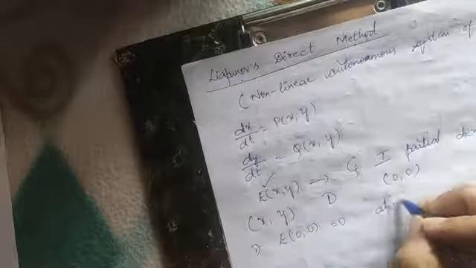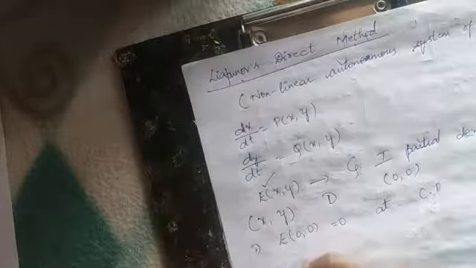So you will be having 0 comma 0 also. I can say E satisfies Lyapunov's method if E of 0 comma 0 is equal to 0 at the critical point and dE by dt should be less than 0 for all (x, y) belonging to R square.